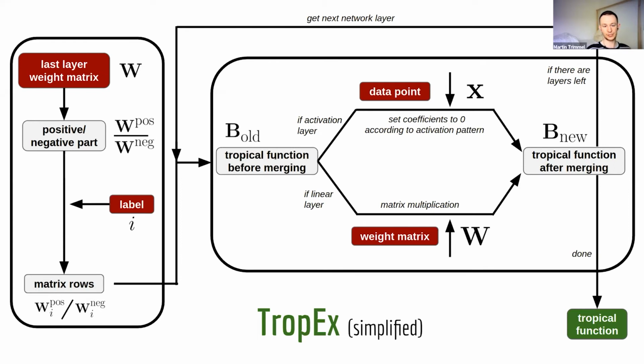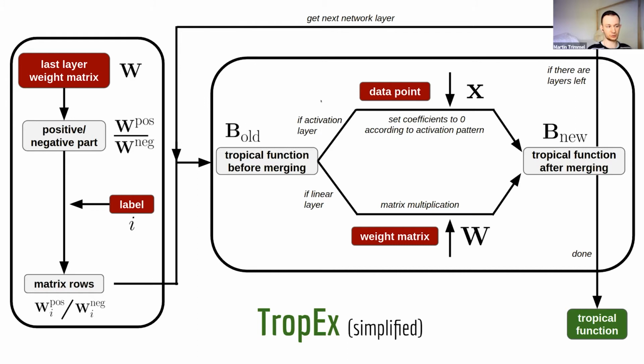The algorithm iteratively merges the other layers into tropical functions, computing the compositions of several layers. For activation layers, like here, entries in the tropical function are set to 0 according to the activation patterns. For linear layers, the tropical function gets multiplied by the weight matrix. And this is just a simplified visualization of the algorithm.